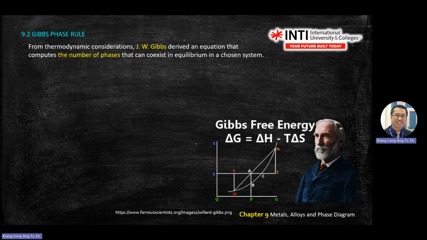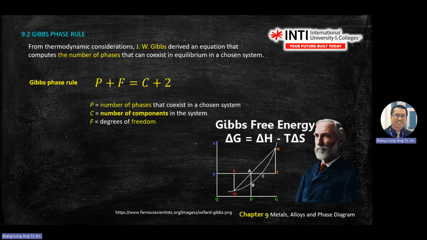Actually it's quite easy. It's just a ratio on the line. Gibbs phase rule, the first equation for today: P plus F equals C plus 2.